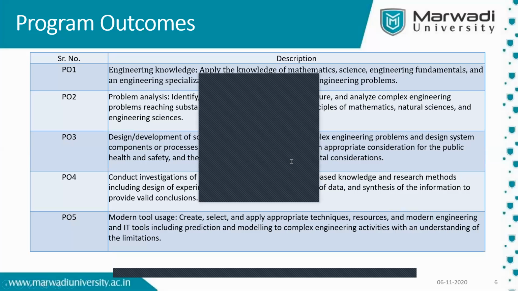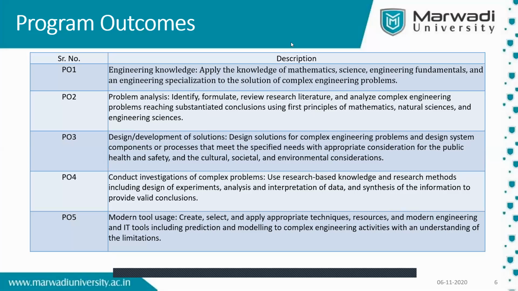Yes, one question from Jaideep sir: what about PO2, 3 and 4? Good question, Jaideep. As I said, program outcomes define a total of 12, and not every subject achieves all 12 program outcomes, because in a 4-year engineering program you learn more than 40 subjects, where each and every subject has a unique, different skill, by which you can achieve each program outcome.